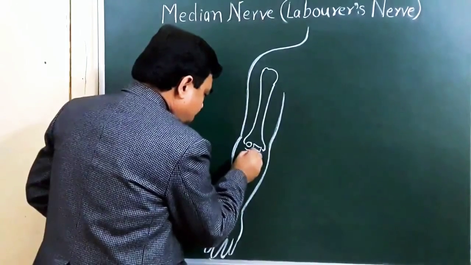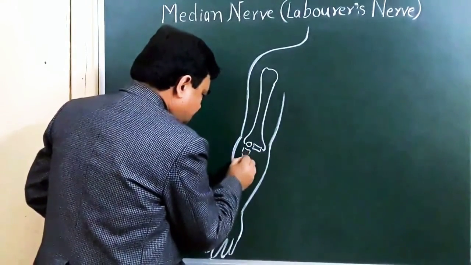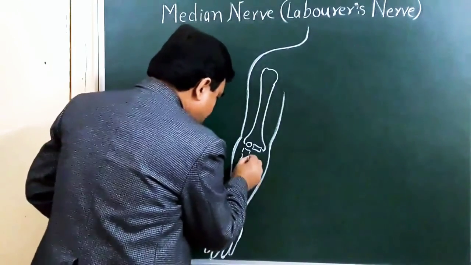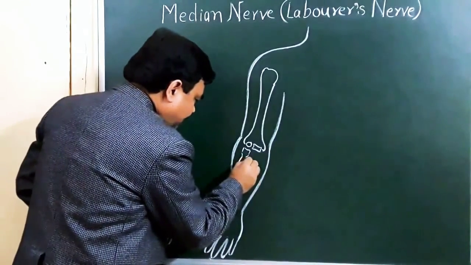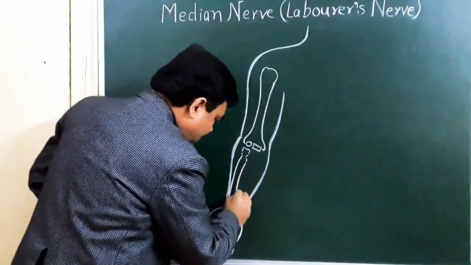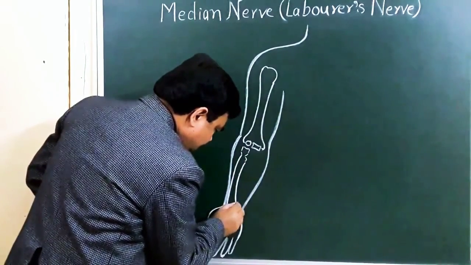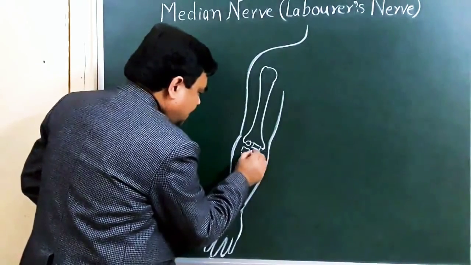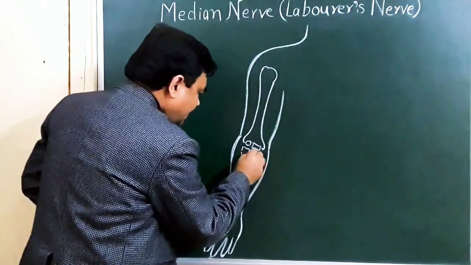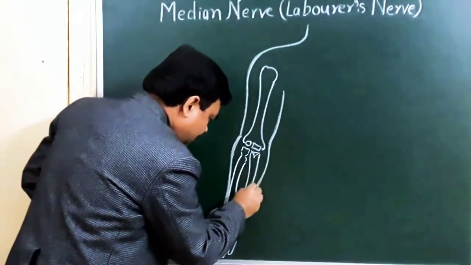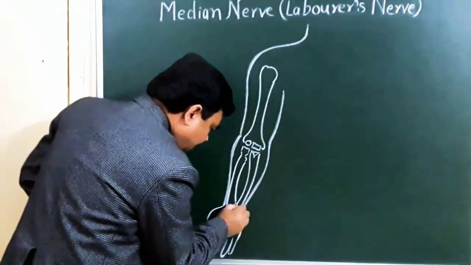Here is the radius. This bone is the radius. This is the ulna.